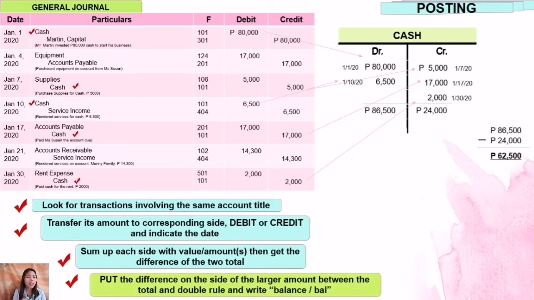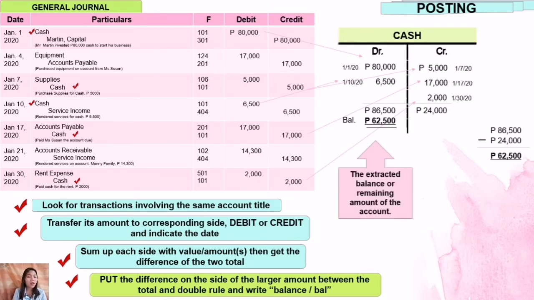So you will put the difference of the two totals under the side of the larger amount between the two. So between 86,500 and 24,000 pesos, 86,500 is higher than 24,000. So we need to write down the amount here and then double rule. Write BAL, shortcut for balance, on its side.